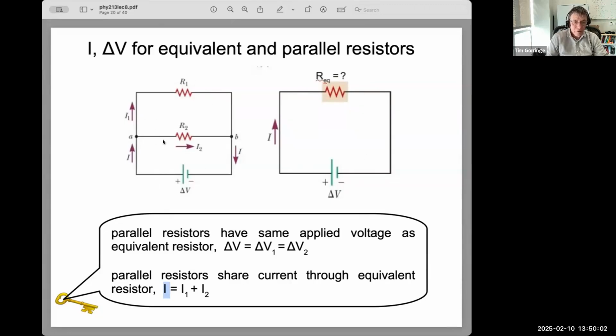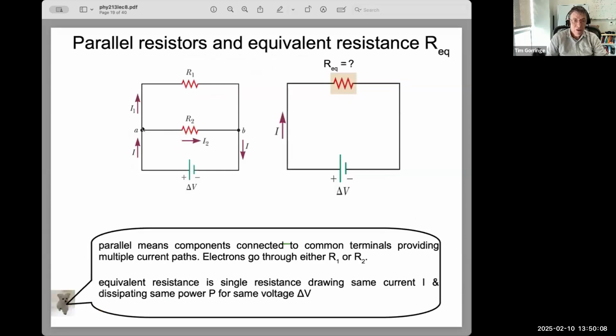In the parallel circuit arrangement, some of that current I, we call it I1, goes through the upper resistor. The remainder of that current goes through the lower resistor. So in this parallel arrangement, I1 plus I2, these 2 individual branches of current, are equal to the total current from the battery, the total current through the equivalent resistor.